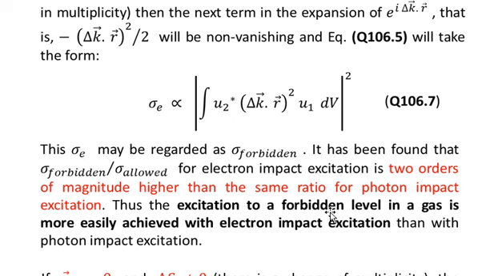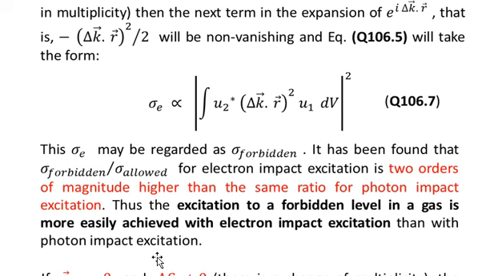Thus, the excitation to a forbidden level in a gas is more easily achieved with the electron impact excitation than with the photon impact excitation. So you see that in the lasing process, if we want to excite the ground species to the upper laser level, which is forbidden optically, then of course the only choice to have such an excitation is through electron impact excitation, because optically that is forbidden.